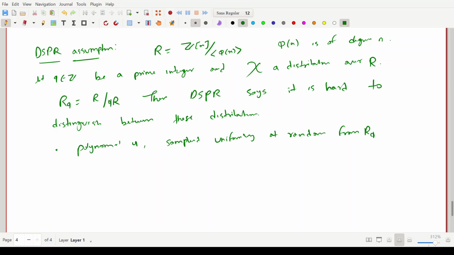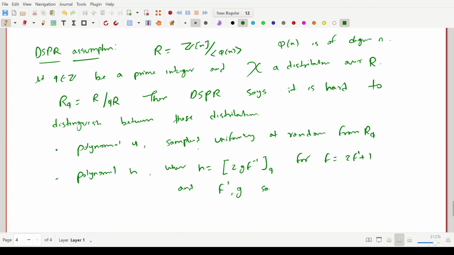The second is a polynomial h, where h is equal to 2g f inverse over q, meaning modulo q, where f is equal to 2f' plus 1, and this f' and g are sampled from the distribution chi.